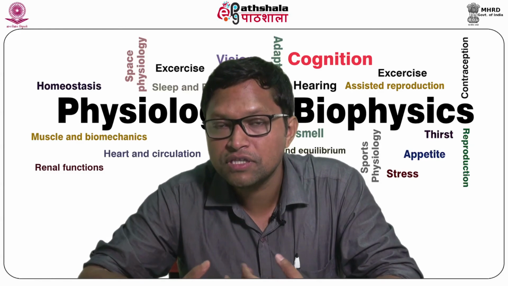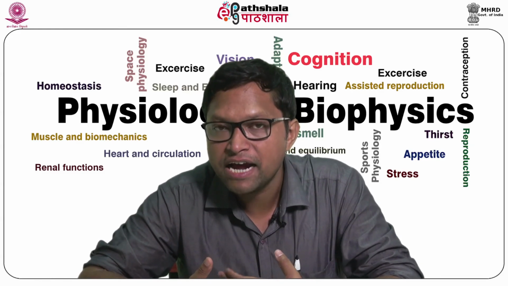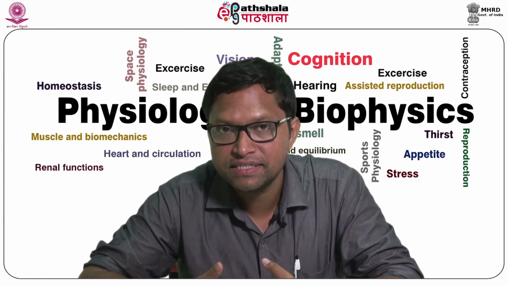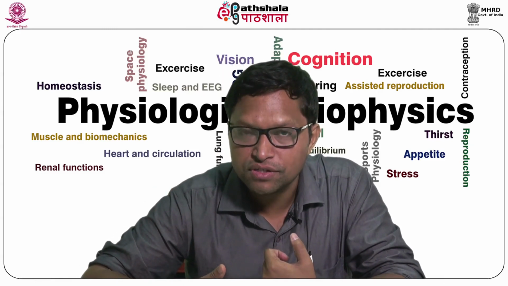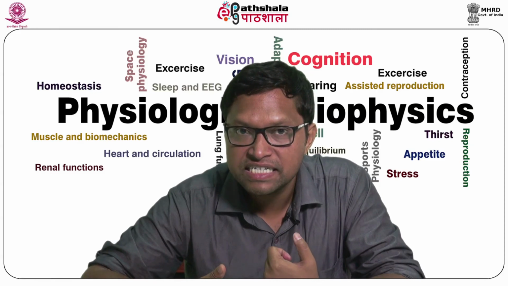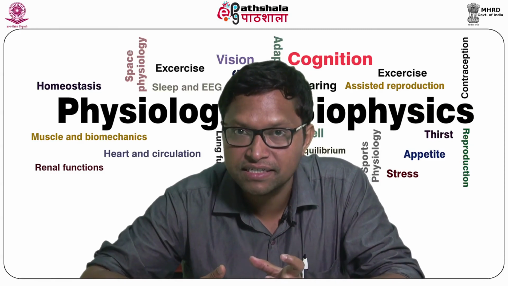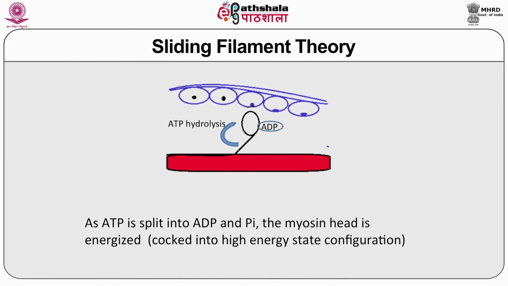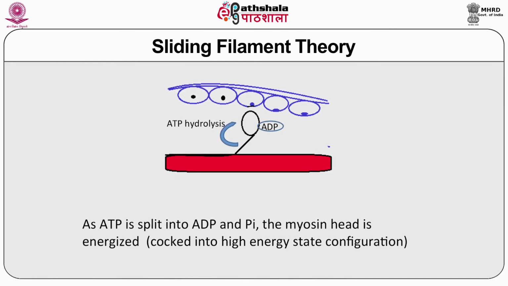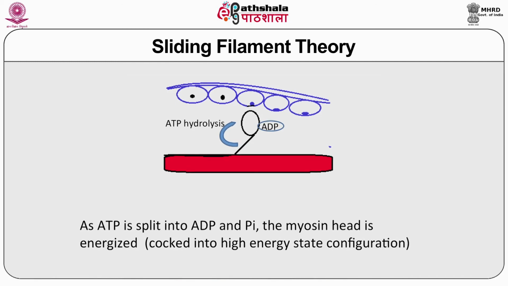This leads to the cross bridge formation, and upon the formation of the cross bridge, the ADP is released, and that causes a conformational change in the myosin head. Now, the head bends at the neck and slides past the actin filament, comprising the power stroke.